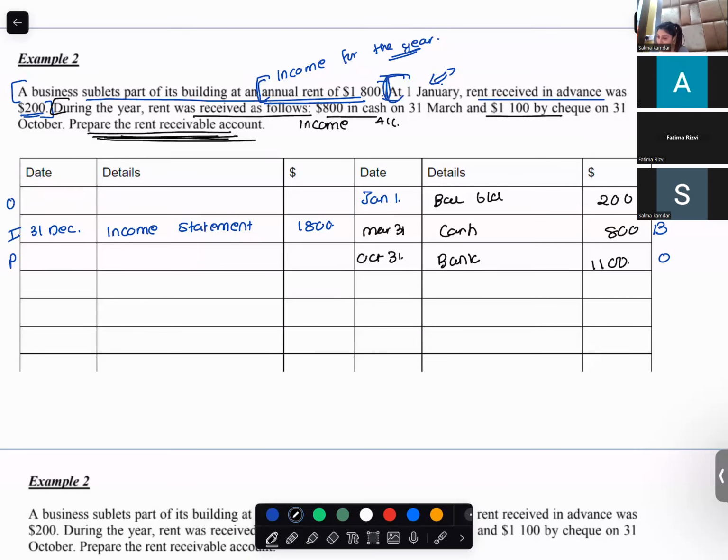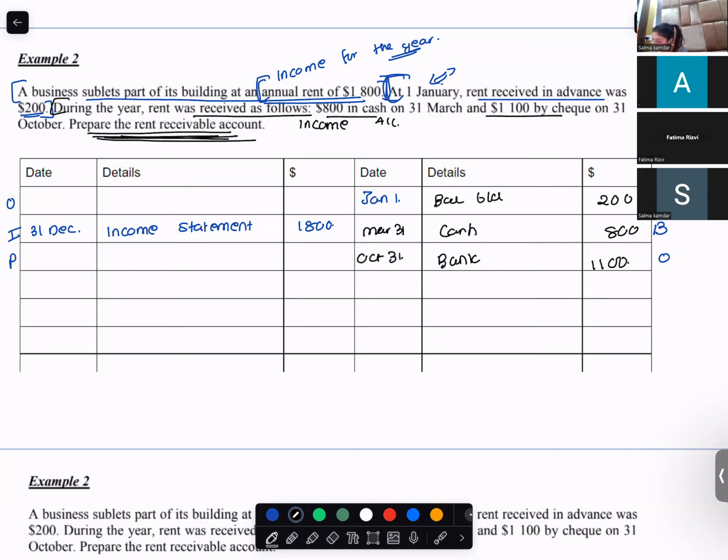Prepare the rent receivable account. Tell me, how will you take? The credit side is 1,800. Which side is more? The debit side with 2,100.